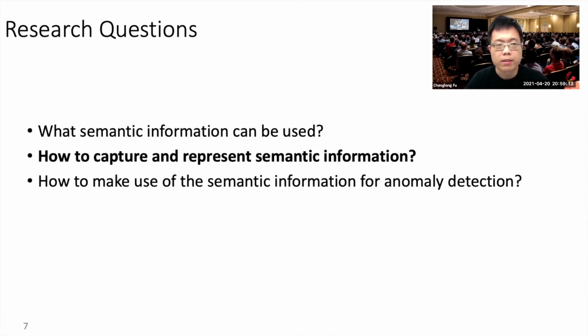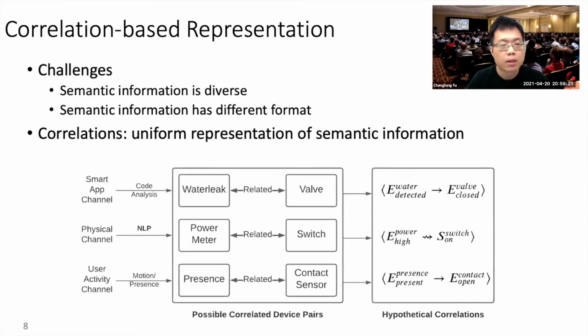After we locate this semantic information, the next question is how to capture and represent it. Semantic information from different channels is diverse and has different formats. To solve this problem, we propose a uniform representation of semantic information in the form of correlations. The semantic information is used to infer possibly correlated device pairs. For the smart app channel, we use code analysis to interpret smart app source code.